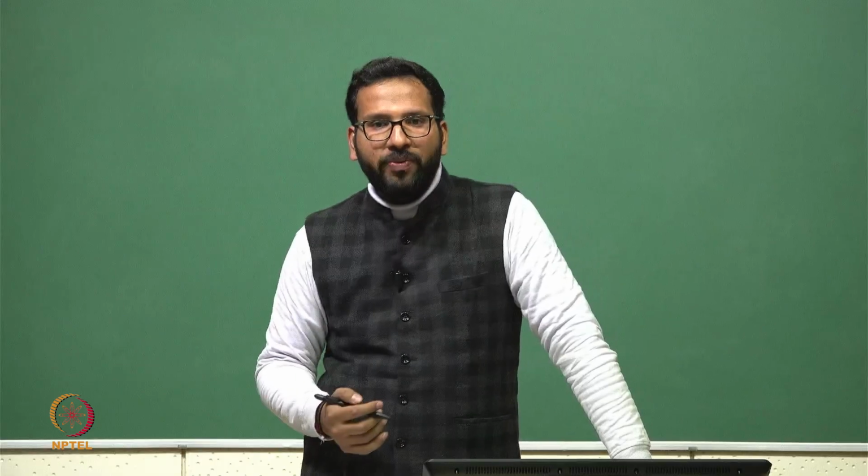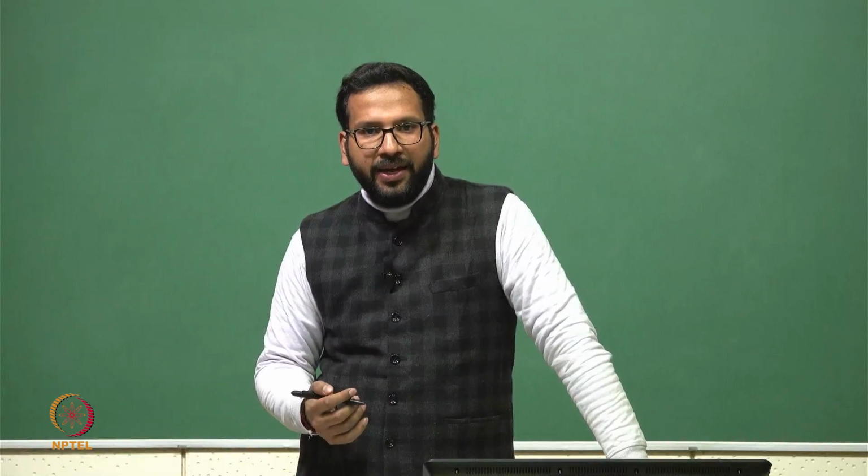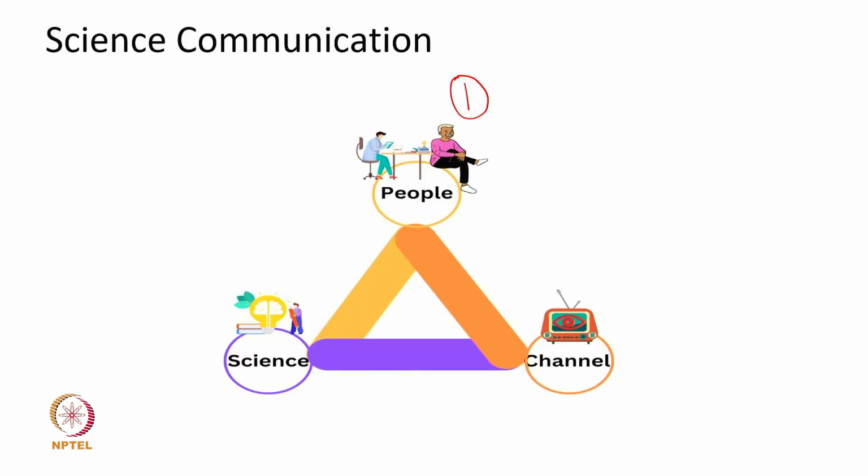In science communication, these are the three key components. The first component is known as the messenger of science, and it includes two groups. The first group is the scientist group, the scientists and their team who send the message.